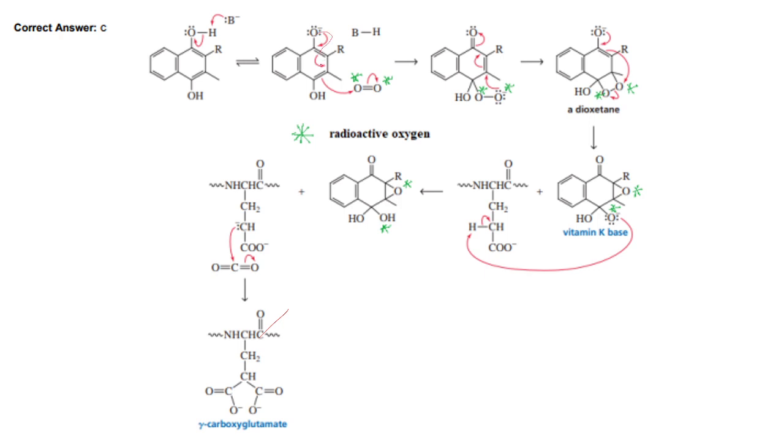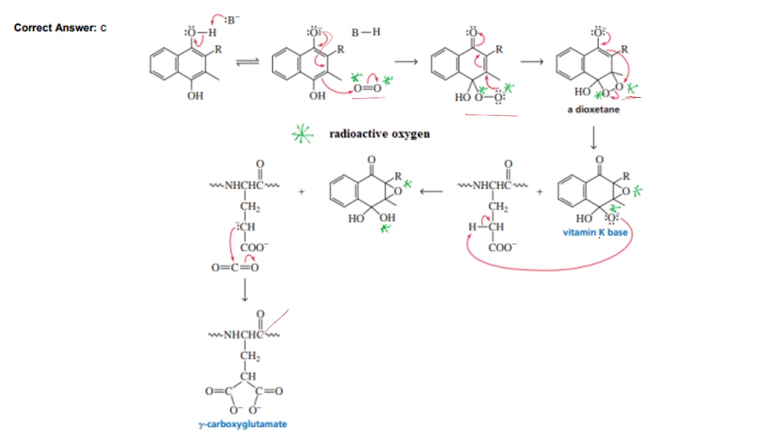This negative charge will then attack the oxygen, and this negative charge will again attack this carbon, making this O negative. Then this O negative will attack again and form the epoxide-like structure, and then the vitamin K base will abstract the proton.